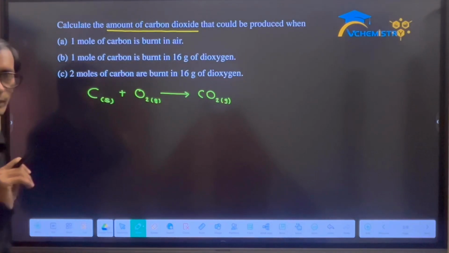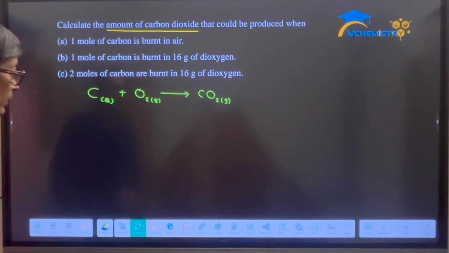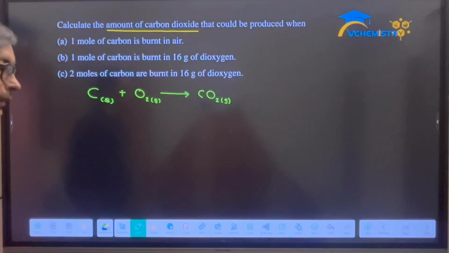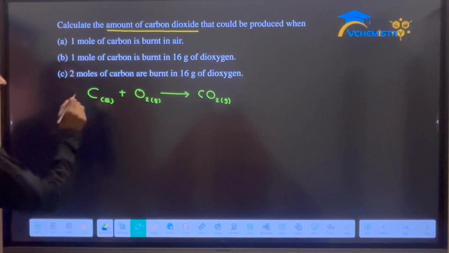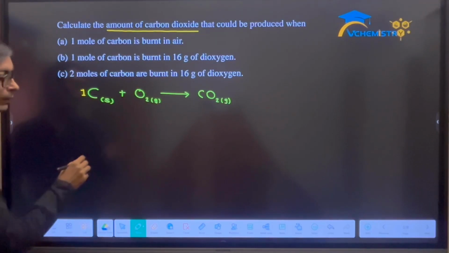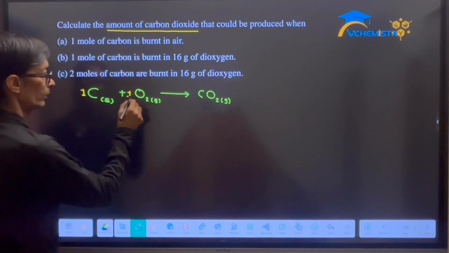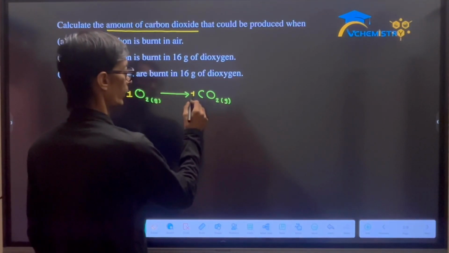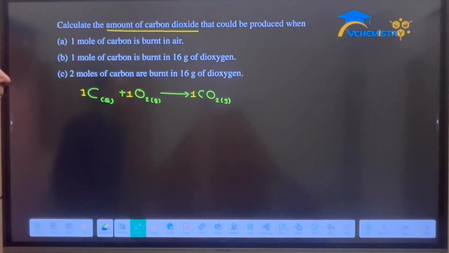First of all, we have to write the ideal statement. According to the balanced reaction, we can write the ideal statement. For example, here C solid, 1 mole of carbon, reacts with 1 mole of O2 and produces 1 mole of carbon dioxide.